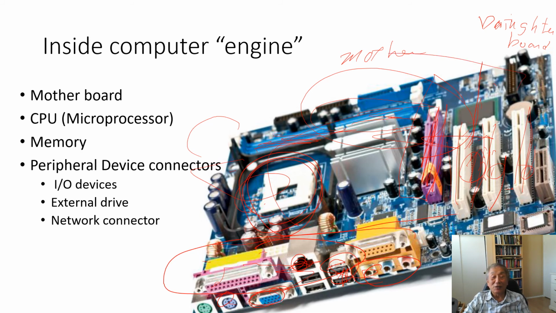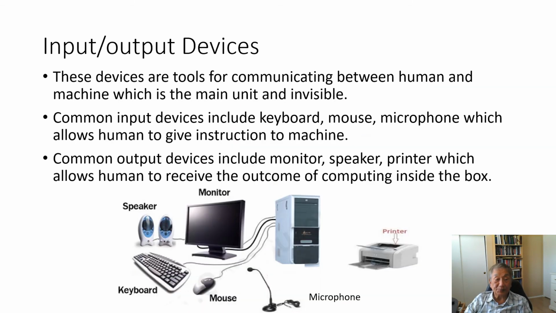Anyway, many components of hardware work together to achieve the goal of processing the data. And I/O devices are the tools for communicating between human and machine. You don't know what's going on inside the box. You don't see it, it's electrons, you don't feel it, you cannot write it down.